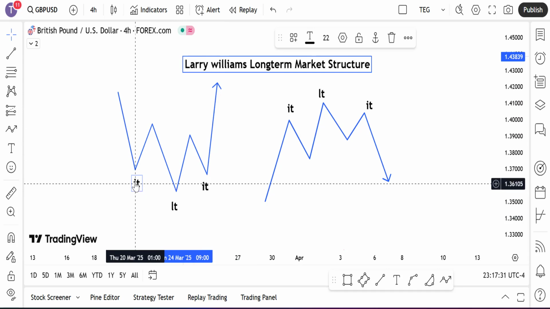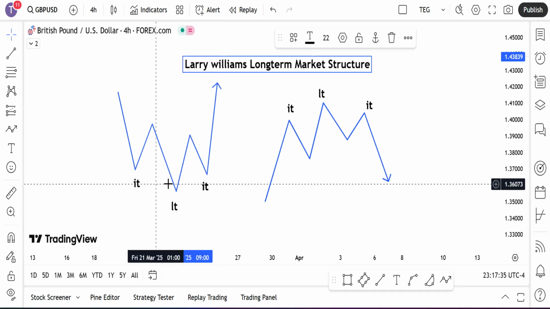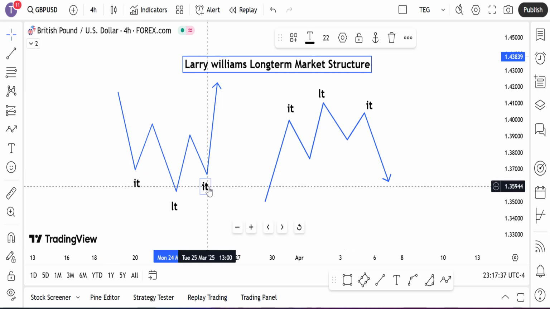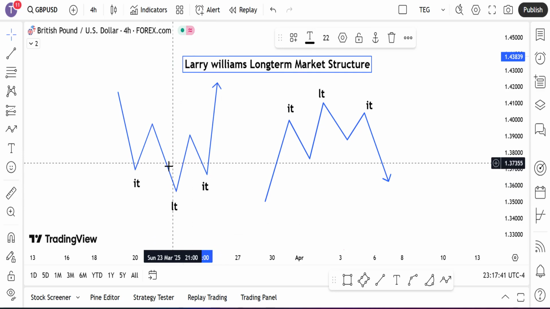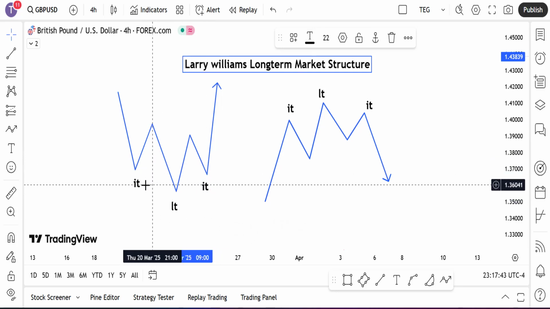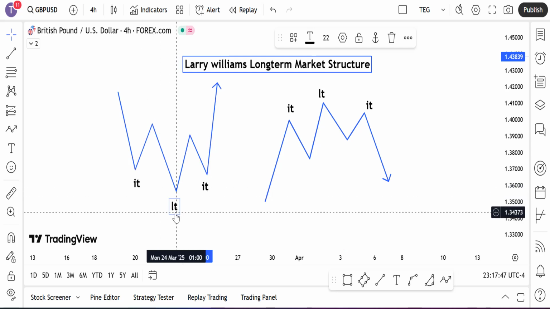We have to have two short-term swings left and right, which gives us our intermediate swings. But for long-term swings, there are going to be two intermediate swings on the left and the right to give us our long-term swings. So it's very simple.